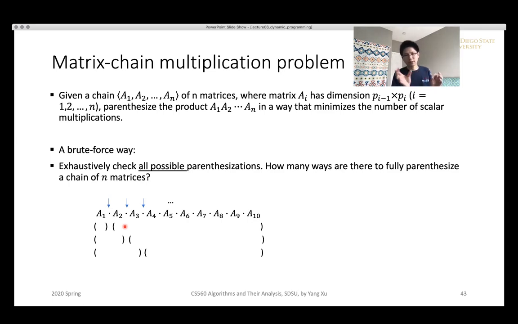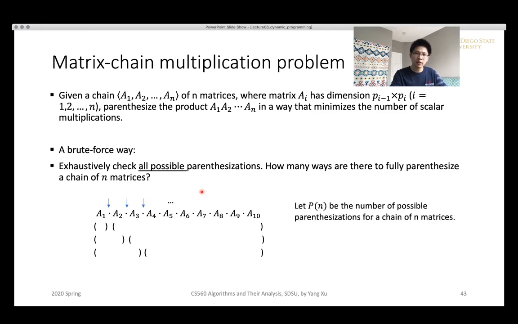We don't consider the previous steps, we just consider the last step: how many possible ways of parenthesizing are there in the last step? If the input matrix chain has, say, 10 matrices, obviously the last layer of parenthesization has 9 possible options. We can insert the parentheses between A1 and A2, or between A2 and A3, or between A3 and A4.